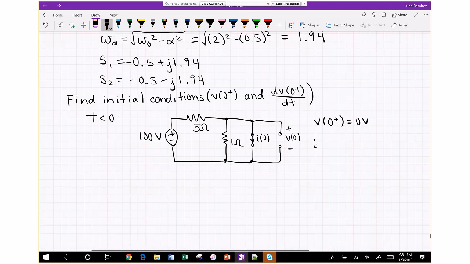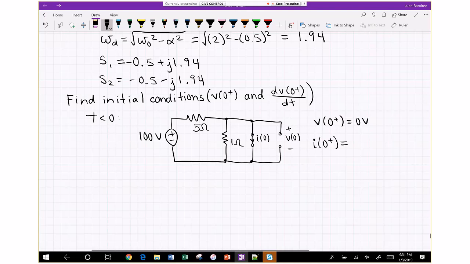Now, the current through that inductor right after the transition, well, because it's a short, that short counteracts any effect that the 1 ohm resistor has. The reason being the voltage across an ideal short is 0. There's no voltage built up on an ideal short circuit. And that means because that short is in parallel with the 1 ohm, there's 0 voltage across the 1 ohm resistance. And if there's no voltage across it, there's no current through it.